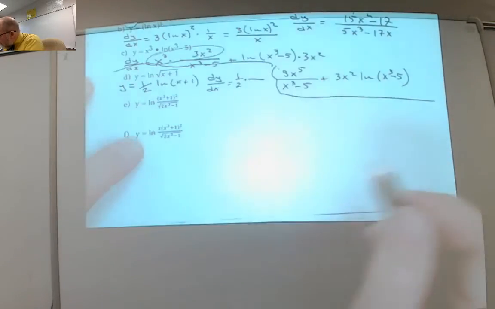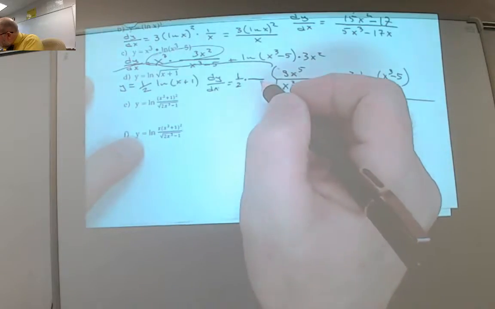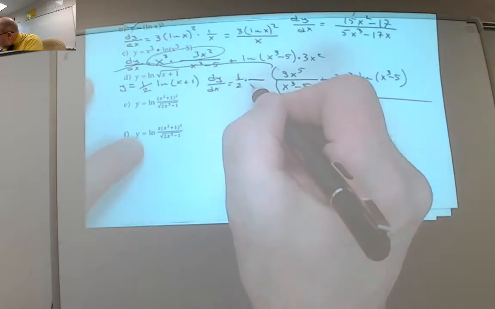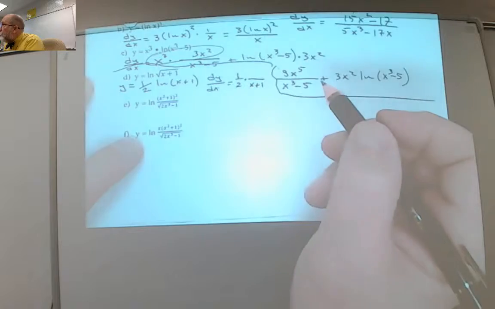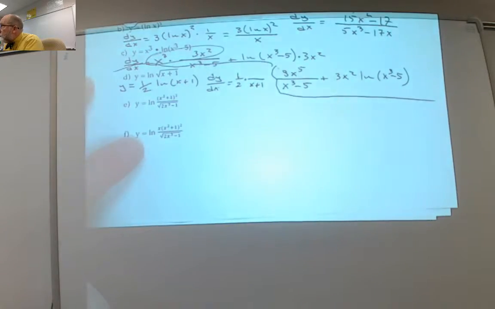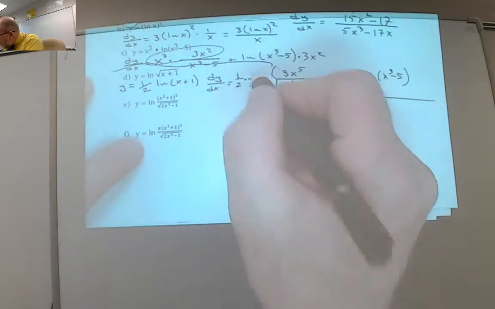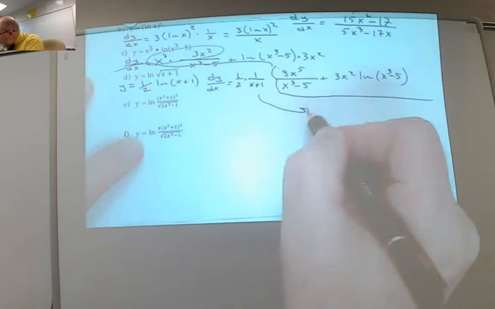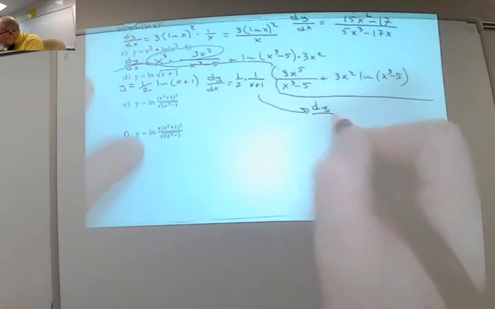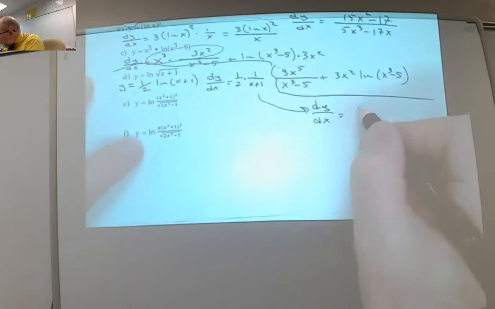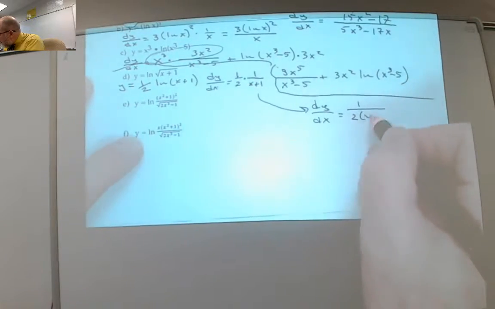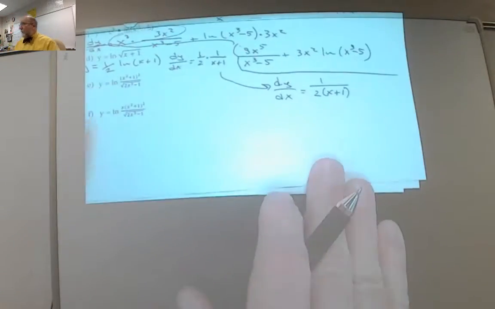X plus 1 on the bottom, and what on top? What's the derivative of x plus 1? Just 1. So you could either write this as dy dx equals 1 over 2 times x plus 1, or write 2x plus 2.